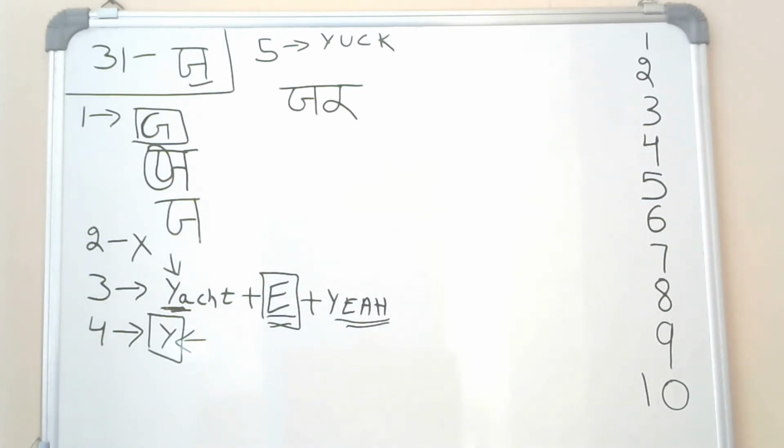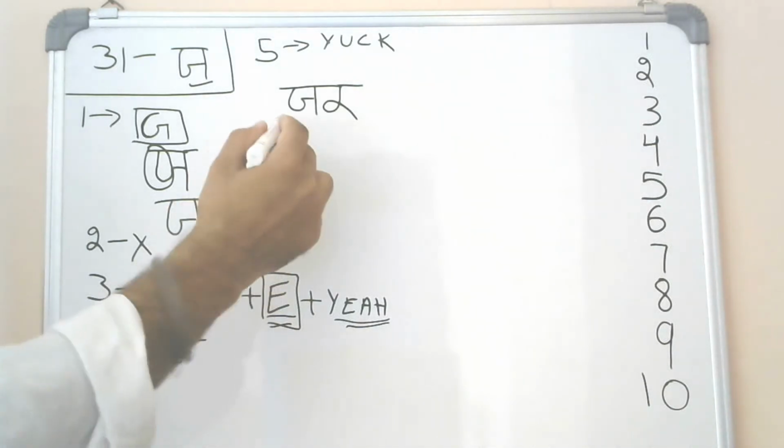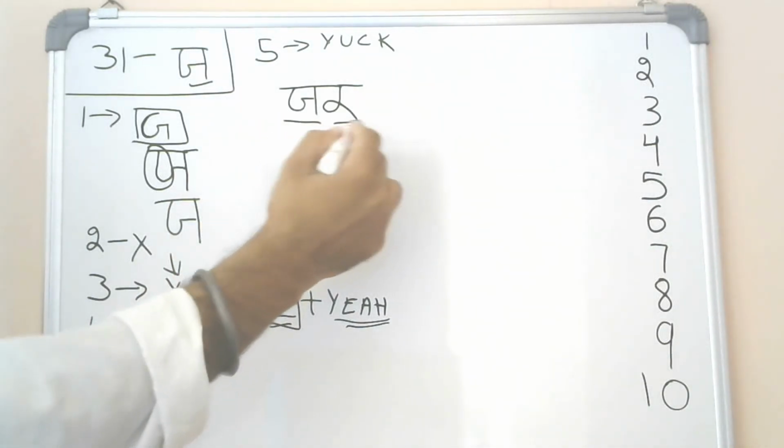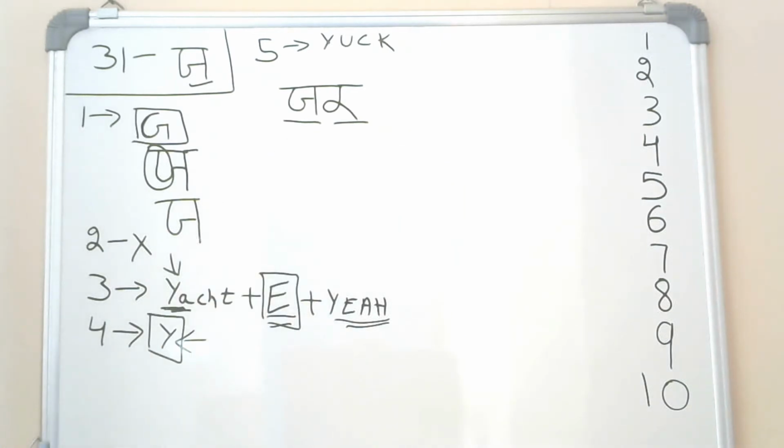To write yak in Punjabi or Gurmukhi, we need to have two letters. The first letter will be the 31st letter, and second letter will be the sixth letter. And by combining these two letters, we are going to have a word yak. Simple. It is all about the sounds. The sound of this is y, sound of this is k. Yak. If you say it fast, then it will be yak.